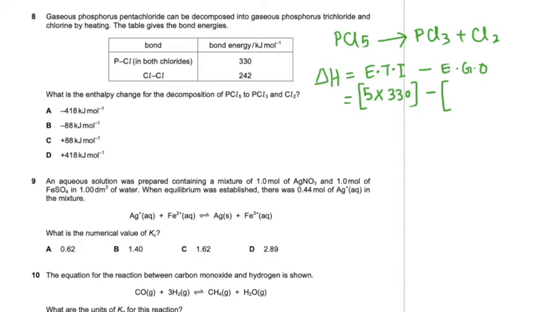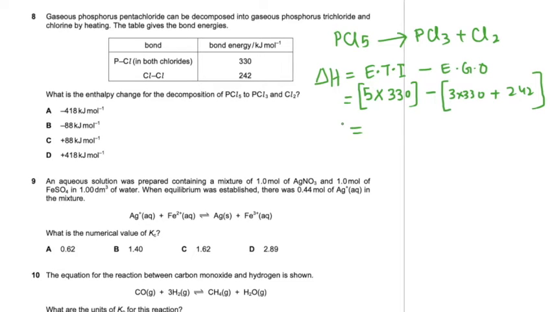When bonds are formed, energy is released in the form of heat. In this case, 3 covalent bonds are formed between the phosphorus and 3 chlorine atoms, so 3 into 330, plus 1 covalent bond formed between the 2 chlorine atoms, 242.